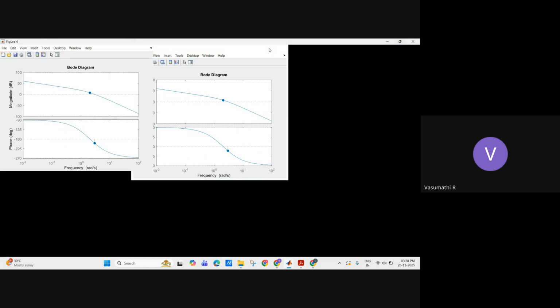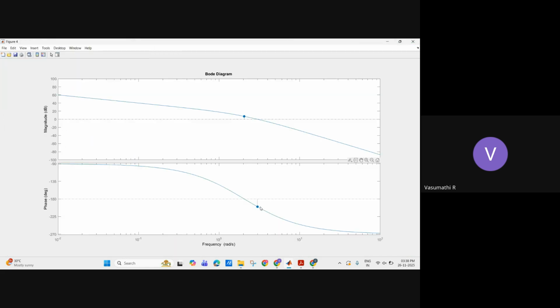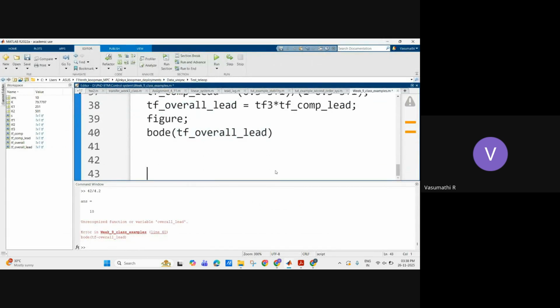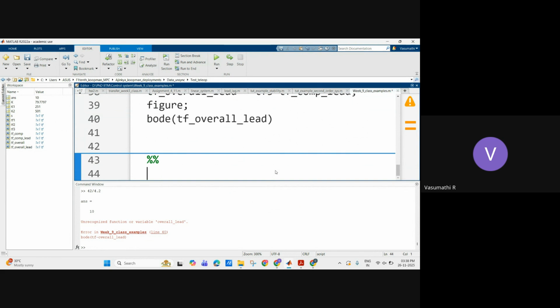But the question asks us what is the maximum phase angle. How do you find that? It's from the formula we can find. Let me calculate it using the formula.